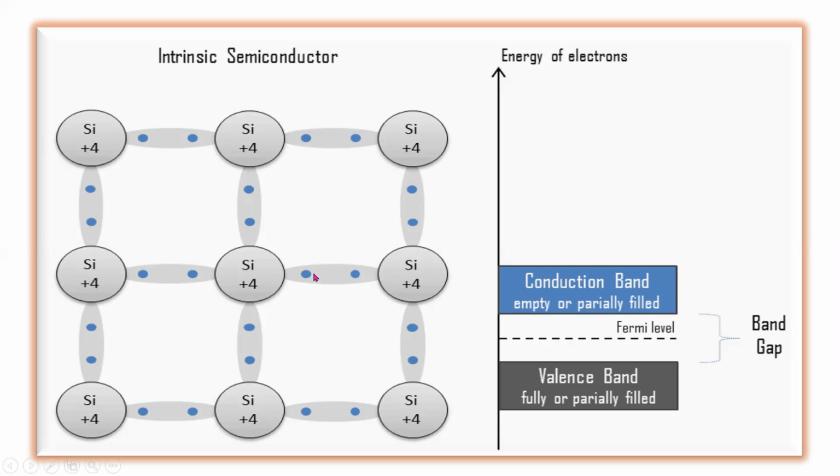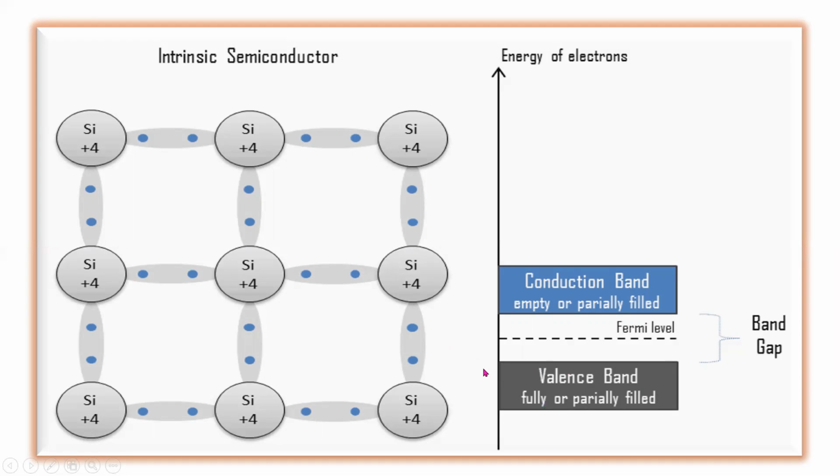At absolute zero, the electrons are bound between the two neighboring atoms, so there are no free electrons in the conduction band and it acts like a bad conductor. In the valence band we have electrons, but they are bound to their parent atoms.